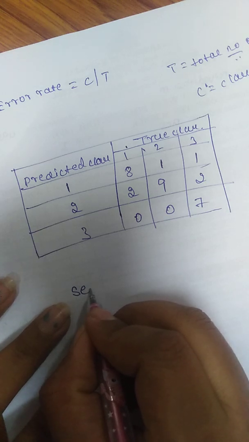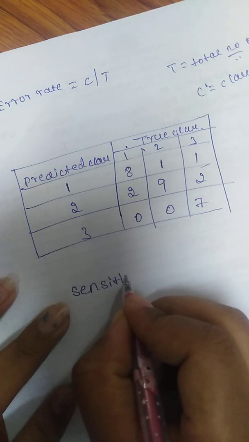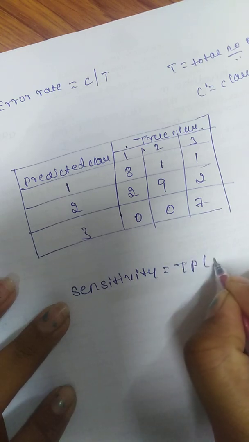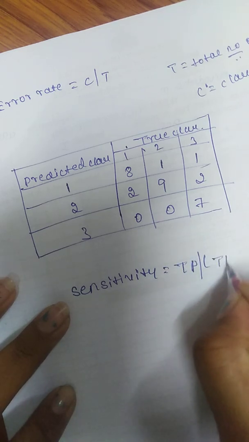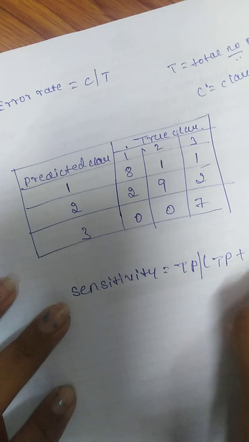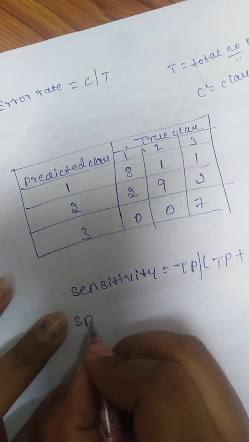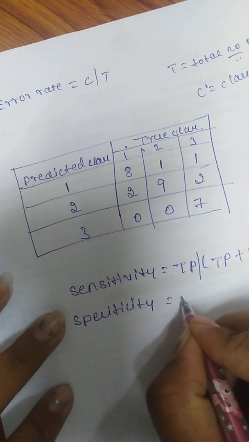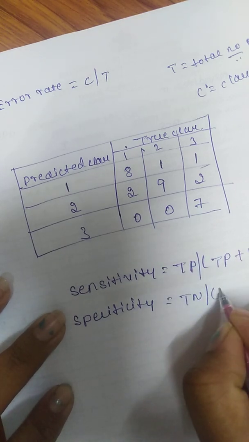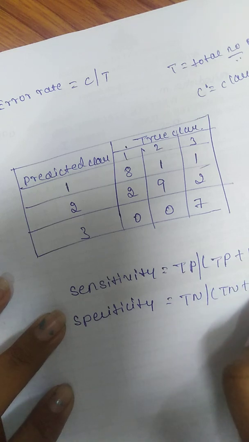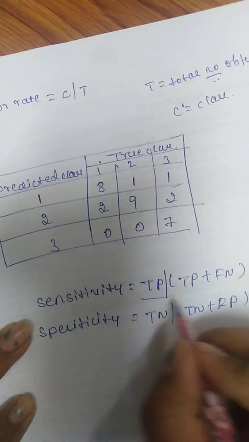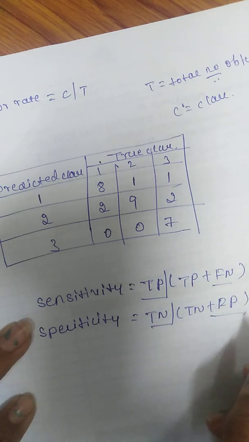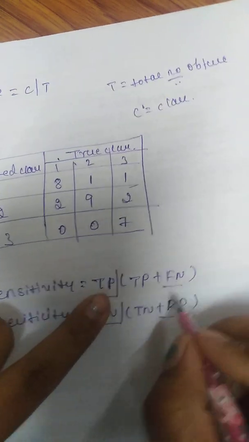Sensitivity is equal to TP divided by TP plus FN. Specificity means TN divided by TN plus FP. What is TP? What is FN? What is TN? What is FP?